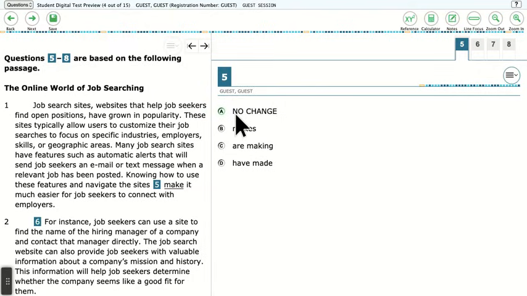And our options are no change, makes, are making, or have made. So our job is to figure out, does this word need to be edited? Okay, so our sentence that it's coming from is, knowing how to use these features and navigate the sites make it much easier for job seekers to connect with employers.